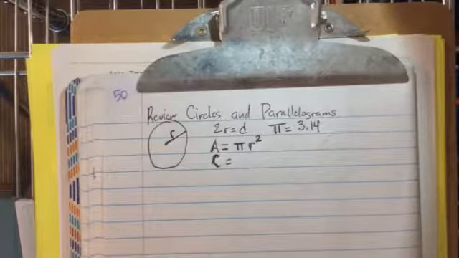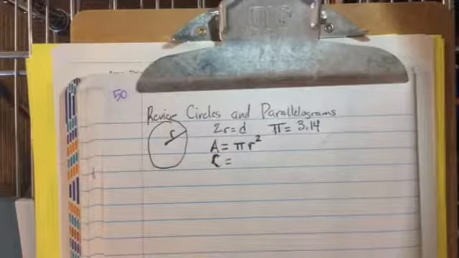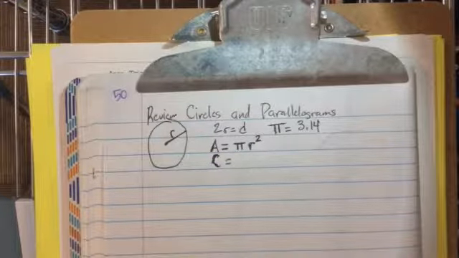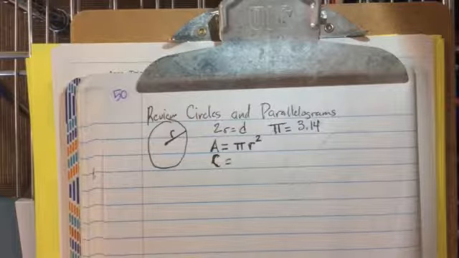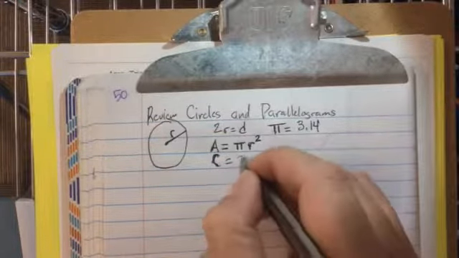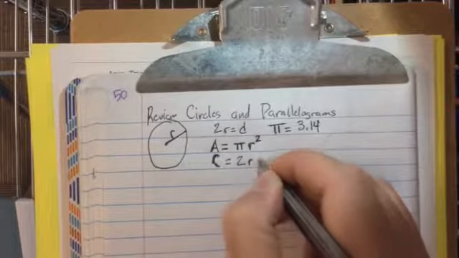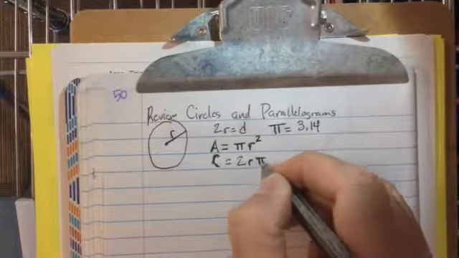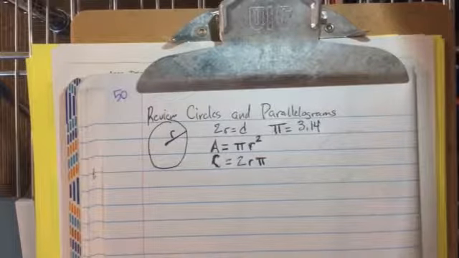Jordan. So we had 2 times r times pi. 2 pi r, it's 2r pi.